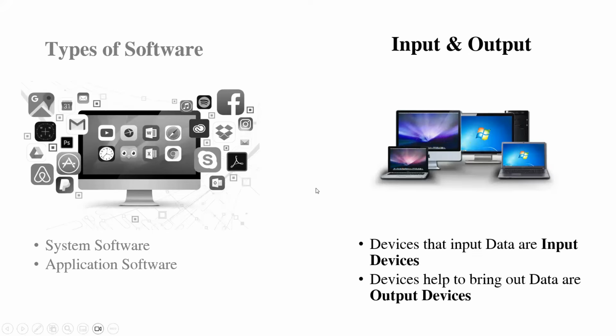If yes, that device is an input device. Are we using this device to output any information or data out of computer, be it sound, visual, or copying data? If yes, then it's an output device. That's the end of it. That's the only way to understand it.